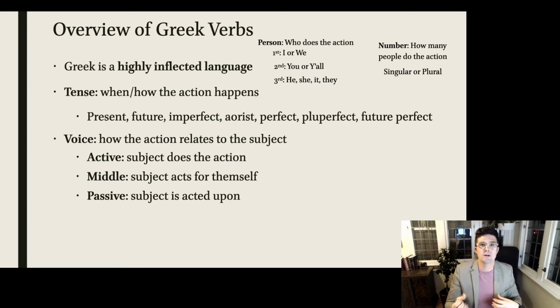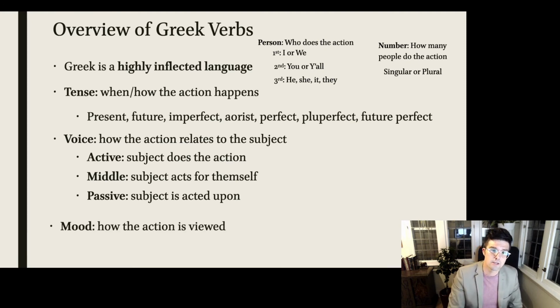The passive voice is when the action of the verb is done to the main noun in the sentence. So for example, something like Aaron Rodgers is sacked by so-and-so. That sacked would be in the passive form in Greek because the action of sacking is happening to Aaron Rodgers.